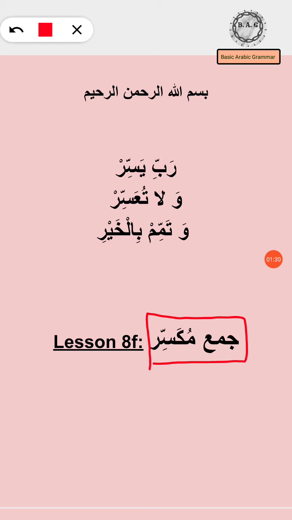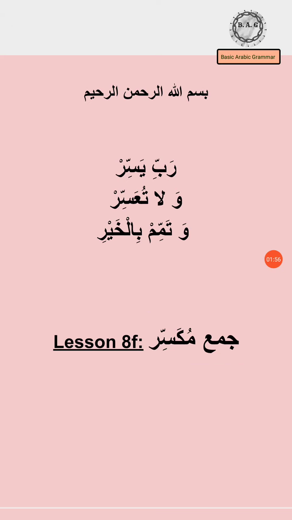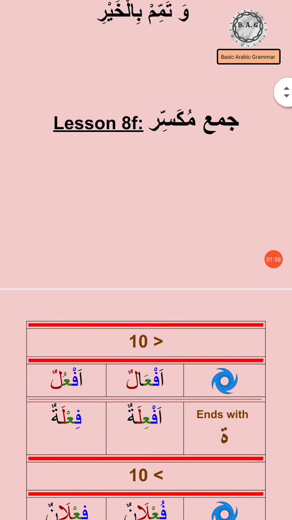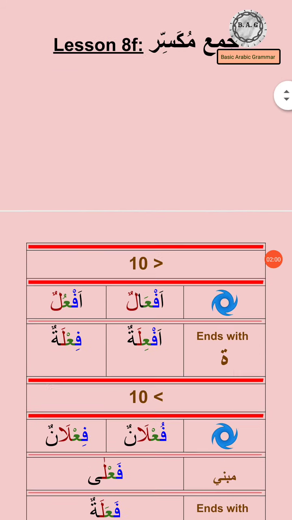So in English, when for example we have a word such as mouse, which becomes mice in plural, what we observe is that the word mouse gets a skeletal makeover, and that's how we get the word mice and not mouses. The similar concept is present in Jama Mukassir. So let's proceed with the patterns that are associated with Jama Mukassir.